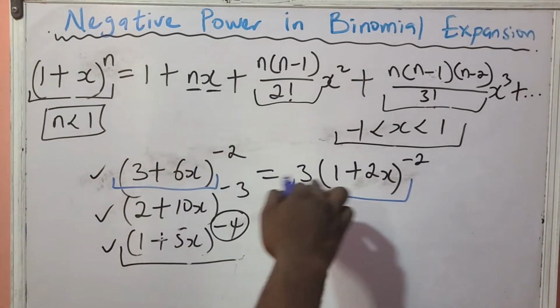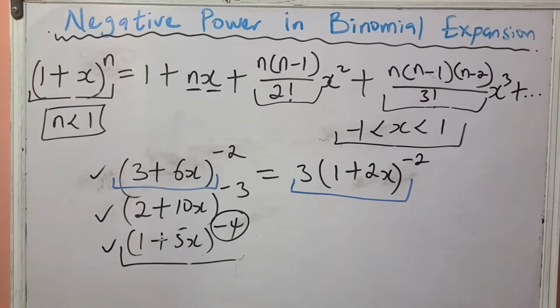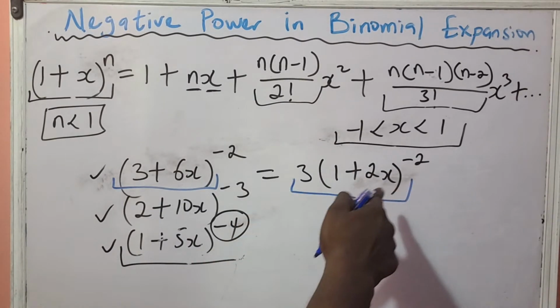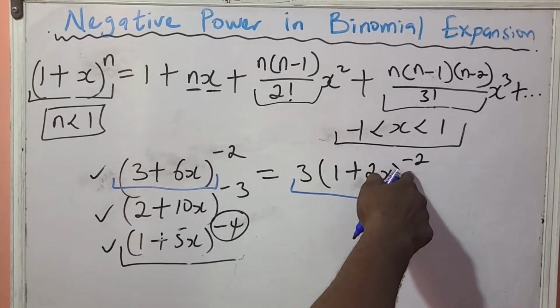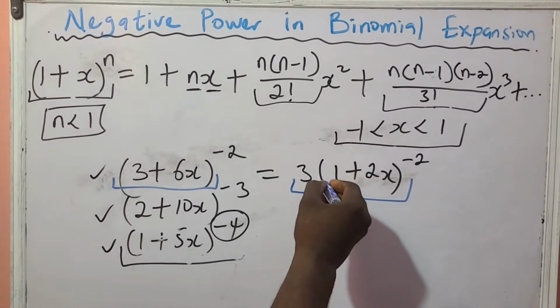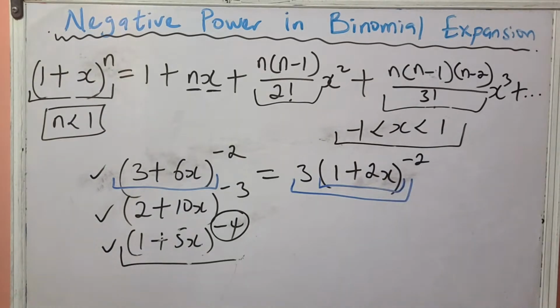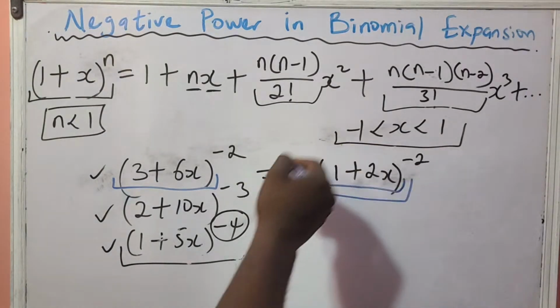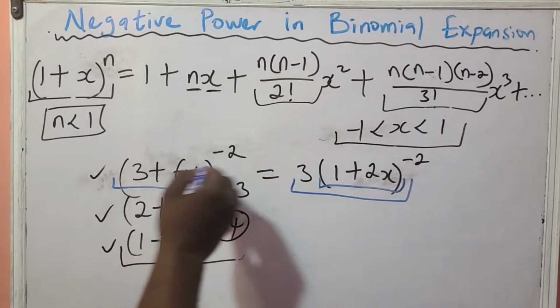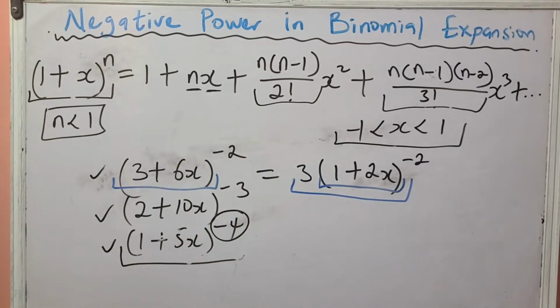So doing it like this, you have made a very big error in mathematics, because you have fixed your power only with this side, rather than fixing it with everything, because everything here was what had the power of minus 2.